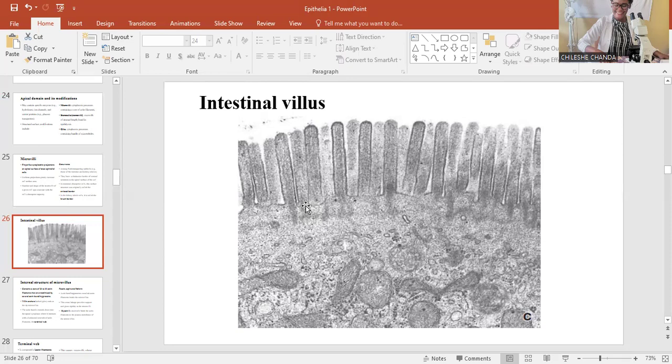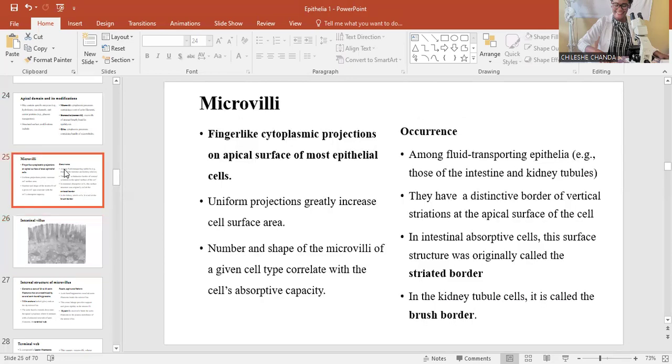Those tiny projections are known as microvilli. So, finger-like cytoplasmic projections on the apical surface of most epithelial cells are known as microvilli.